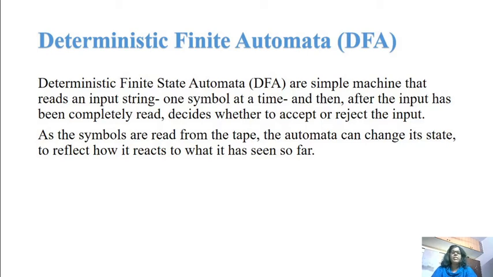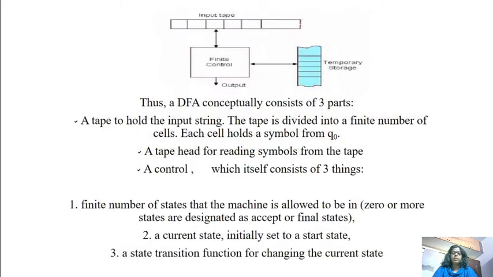Okay. As the symbols are read from the tape, the automaton can change its state to reflect how it reacts to what it has seen so far. So, this is the model of automaton. Thus, a DFA conceptually consists of three parts.